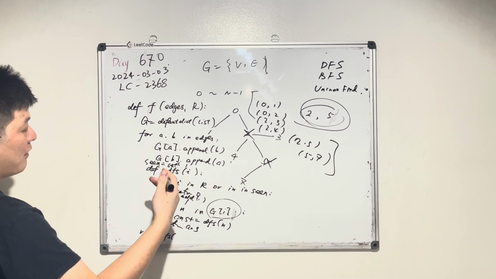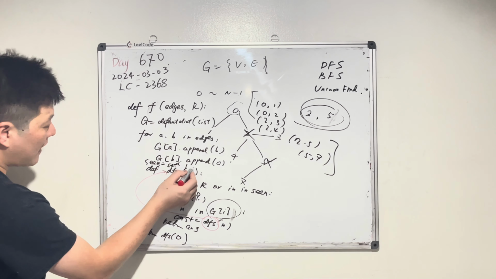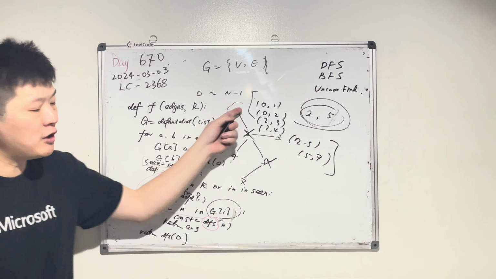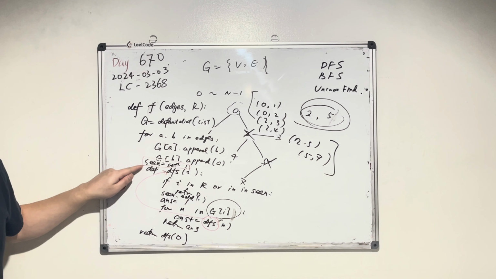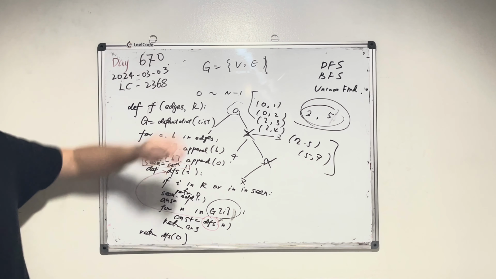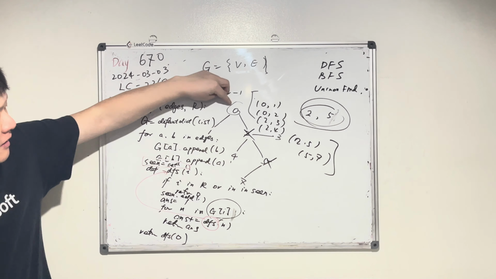So DepthFirstSearch here. Okay, so let me explain. This is recursion, right? DepthFirstSearch calling itself. The seen table, the seen hash set. Why do we need a seen hash set to remember the nodes we have visited? Simple. We're visiting 0. What's the neighbor? 1 and 2.